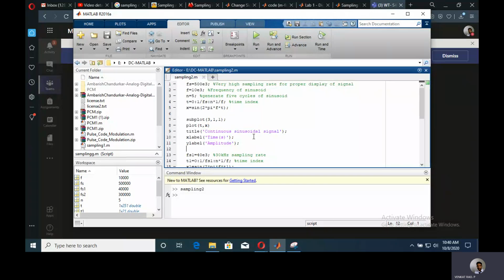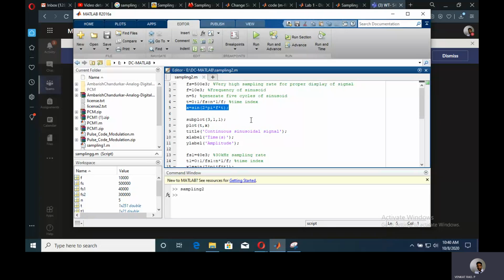Today I will discuss a simple MATLAB code for generating a sampled signal of an analog sinusoidal waveform. If you observe this code, we are taking the input signal as an analog sinusoidal signal, and let us see how this analog sinusoidal signal is converted into a sampled signal.